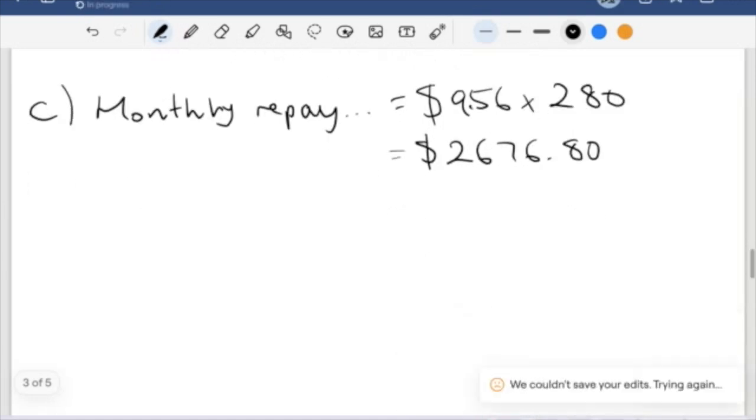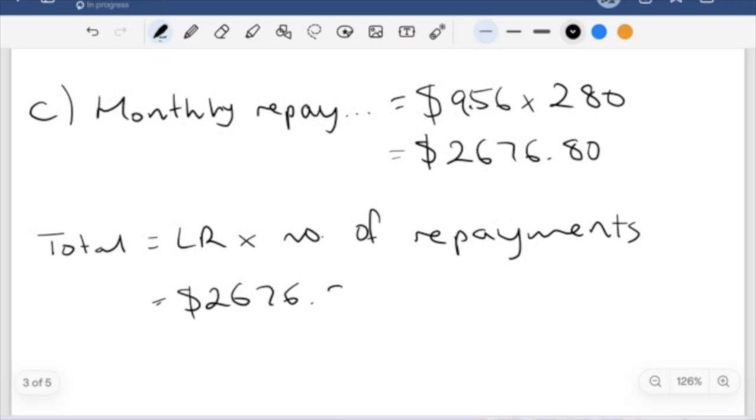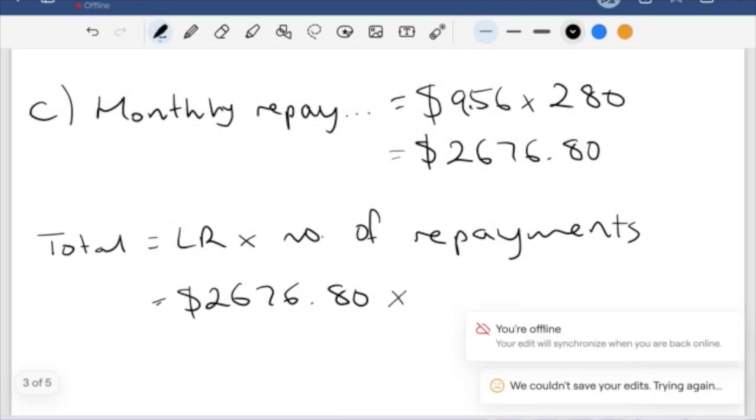So we're going to do the exact same thing we did before then. We have our total amount to get repaid equals the loan repayment times the number of repayments. So our loan repayment is $2,676.80, and the thing that's changing here is the number of repayments.